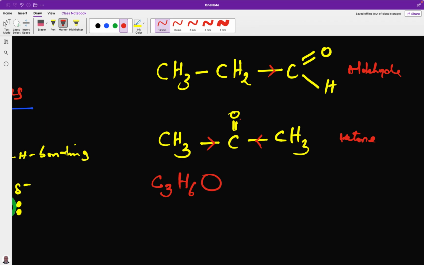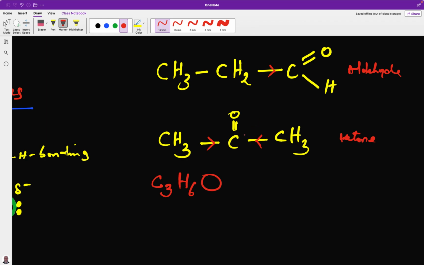And this makes the carbon-oxygen bond in the ketone more polar than the one in the aldehyde. The dipole moment of the aldehyde is 2.5 D, and that of ketone is 2.9.